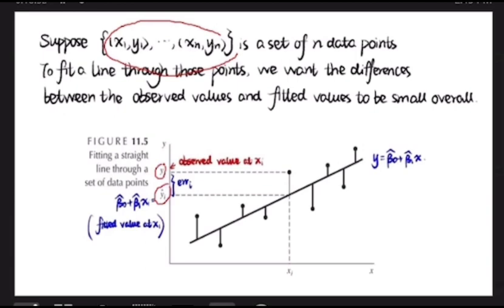The y is the original, let's say the actual run time, and the y cap is the predicted run time. Maybe we already know our beta naught cap and beta one cap, and we plug in production quantity, and the model gives us a predicted value for run time.